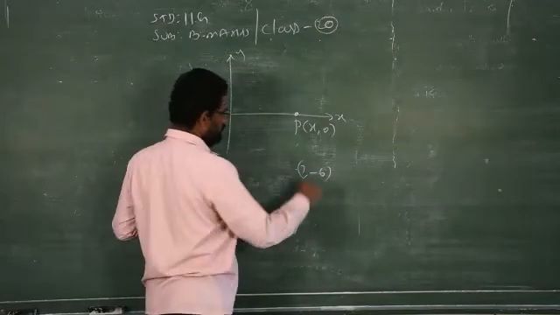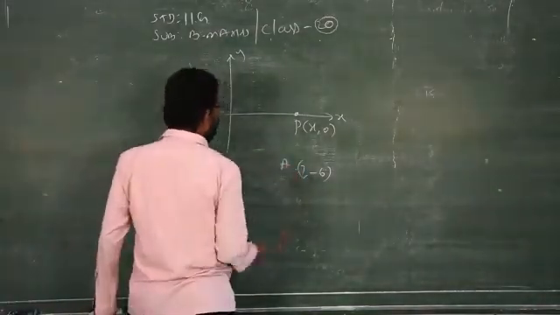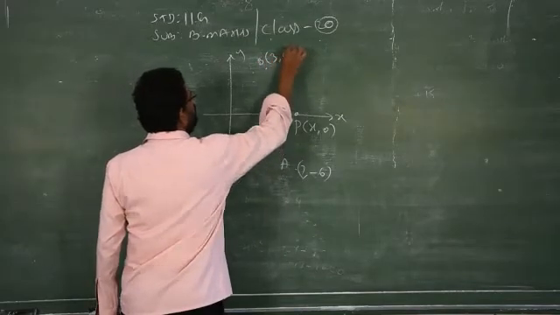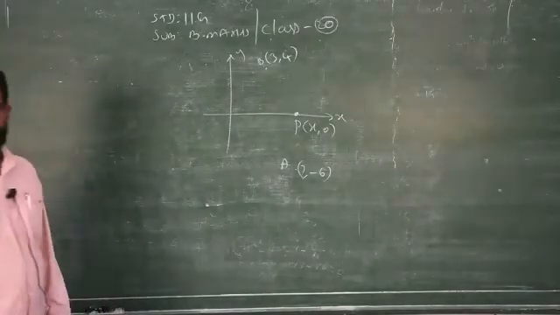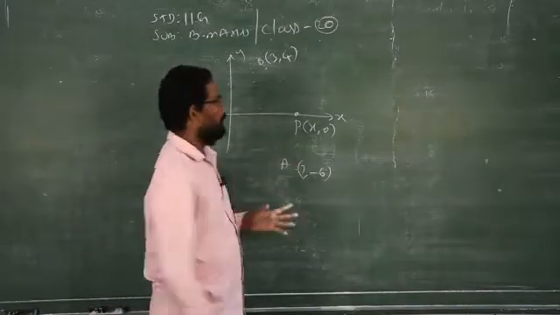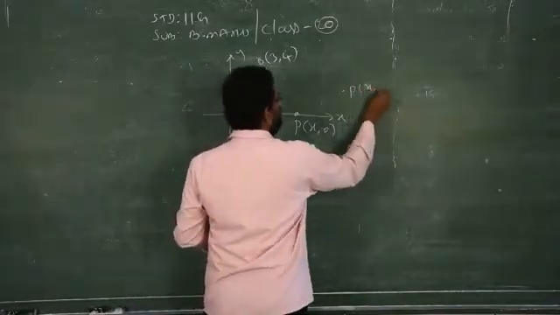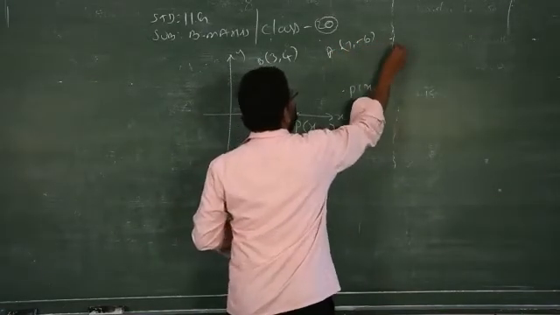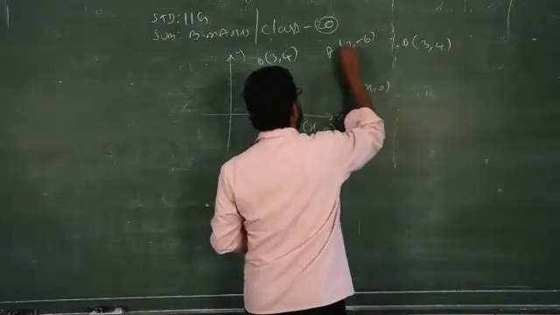That is A. Then 3, 4, that is B. Just for your understanding purpose, I made it clear on the graph sheet. So, there is no need to draw a graph. You can straight away write the point on the x-axis, y is 0. So you take A as 7, minus 6 and B as 3, 4.